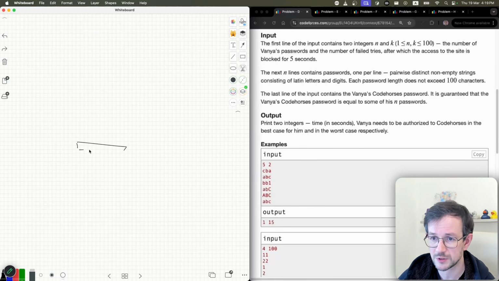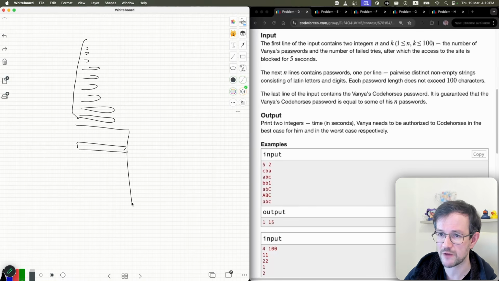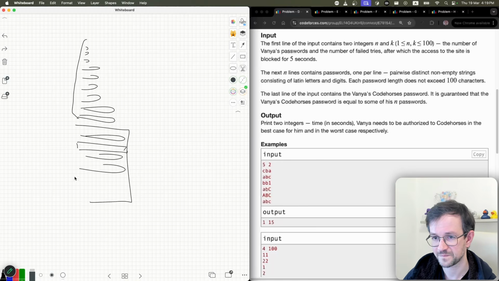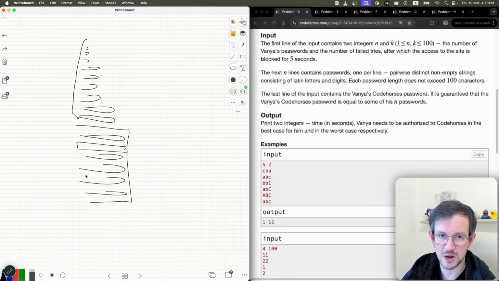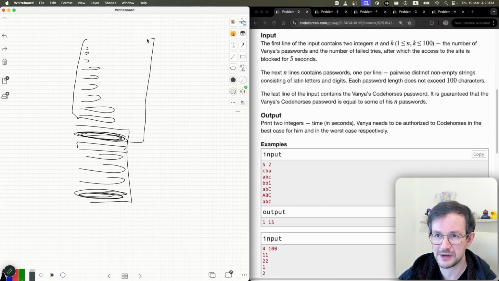If this is your password, then there are passwords which are strictly shorter, and you will definitely try all of them before this. Also there are passwords which have the same length. Out of these passwords, you might try them in any order. So in the best case, you will take your password as the first one. In the worst case, you will take it as the last one. So in the best case, you need to try this many times, and in the worst case, this many times.